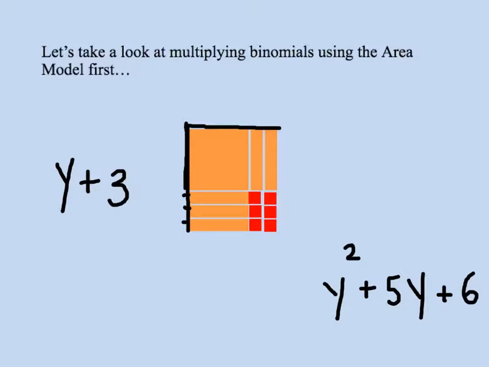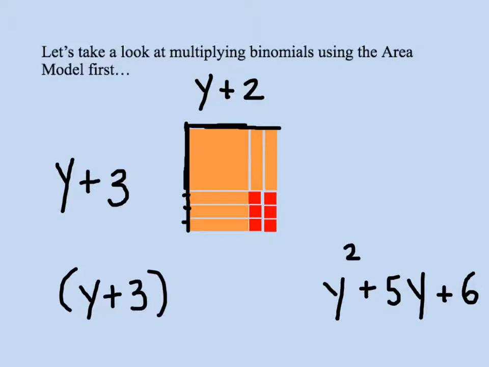Now the width of our rectangle is y, because the y squared tile is y wide, and we have 2 y tiles, each 1 wide, so plus 2. Using the area model, we have determined that y plus 3 multiplied by y plus 2 is equal to y squared plus 5y plus 6.